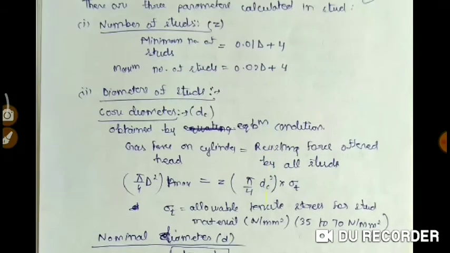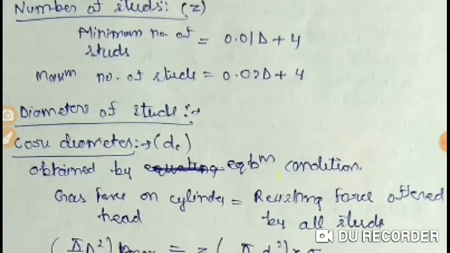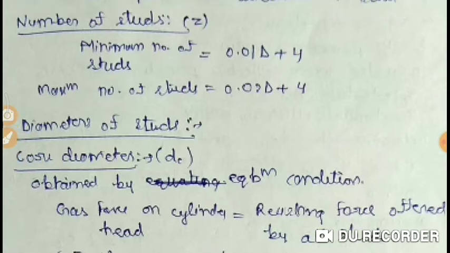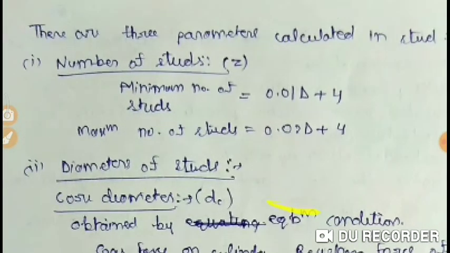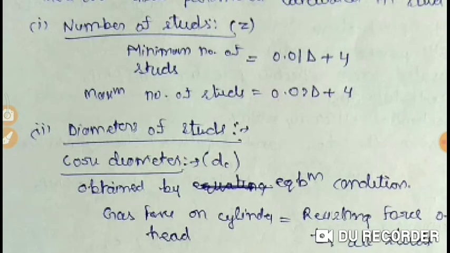Now to calculate the dimension of the stud, first of all, different parameters are to be considered. There are two parameters calculated in stud. First is the number of studs, Z. The minimum number of studs is equal to 0.01 d plus 4, and the maximum number of studs can be 0.03 d plus 4.